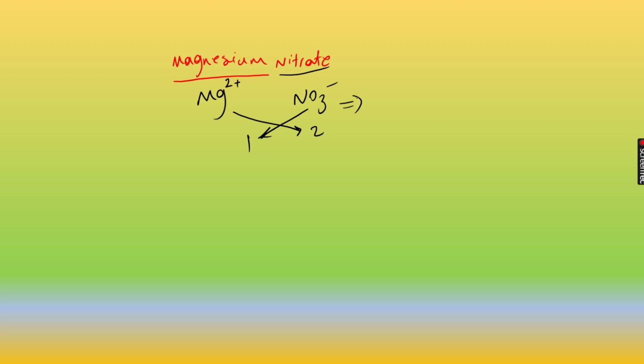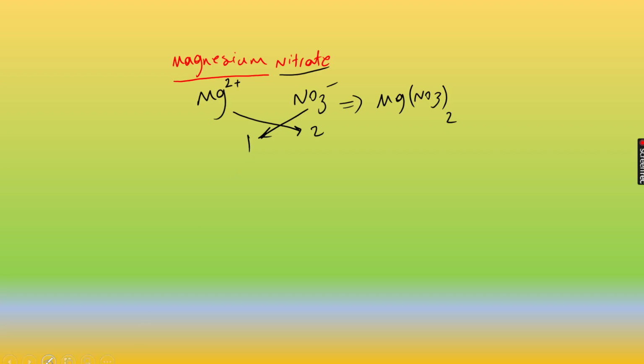So it creates Mg NO3, and NO3 should be 2 times. When there is more than one polyatomic ion, you have to put it in parentheses: Mg(NO3)2. Magnesium nitrate.